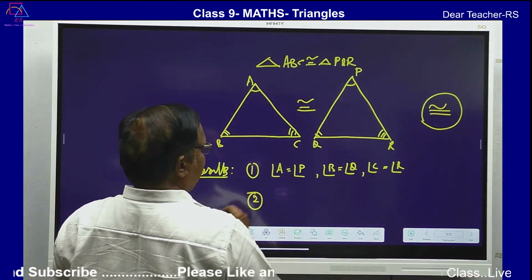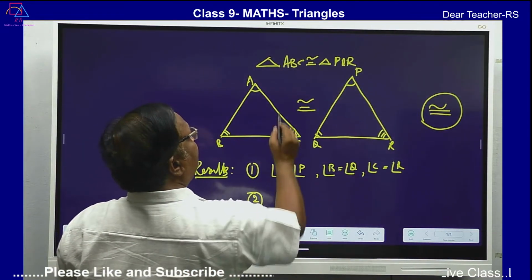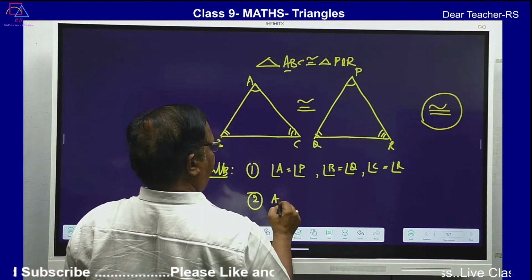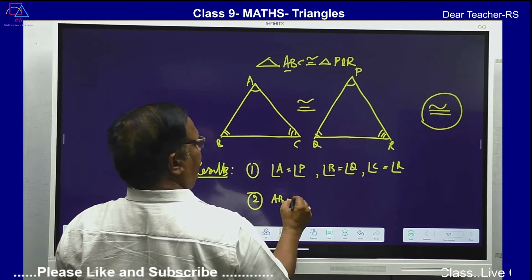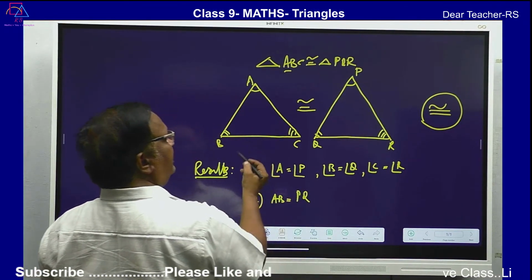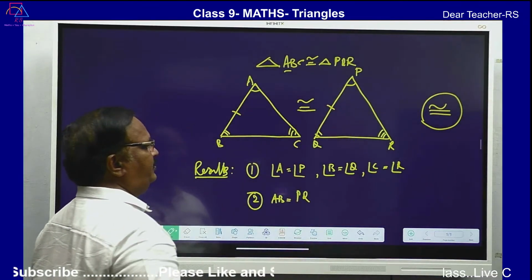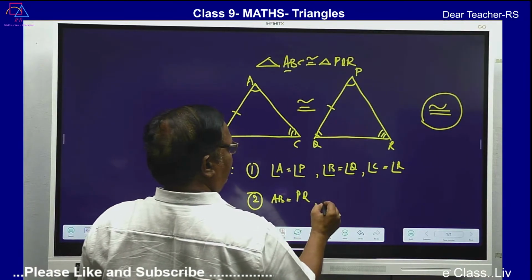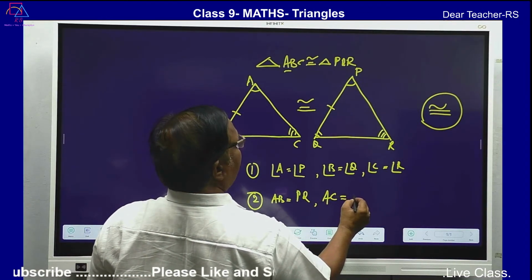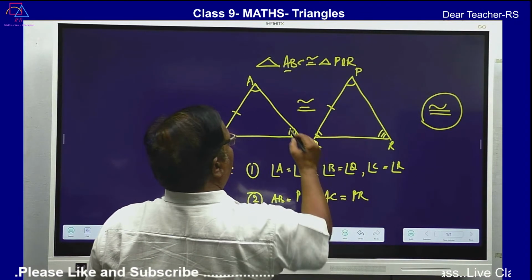Second one, the sides are also equal. So AB is equal to PQ. How do you mark equal sides? 1 mark. AB is equal to PQ, and AC is equal to PR, 2 marks.